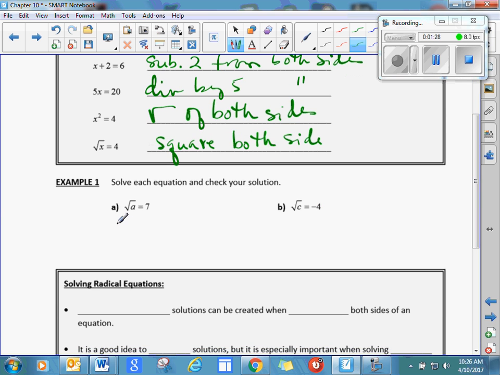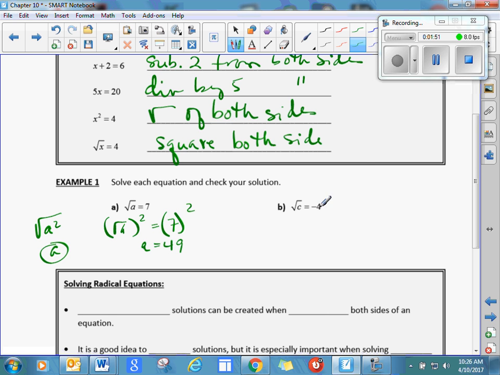The first thing you need to do is make sure that your radical is alone on its side of the equal sign. So it is here, so we're going to square both sides. The square root of a times the square root of a is the square root of a squared, which is just a. So a is equal to 49.